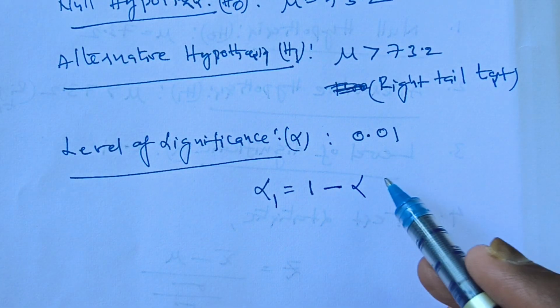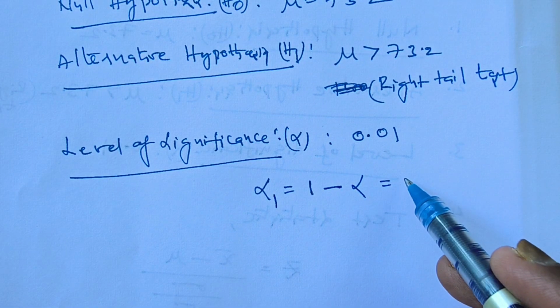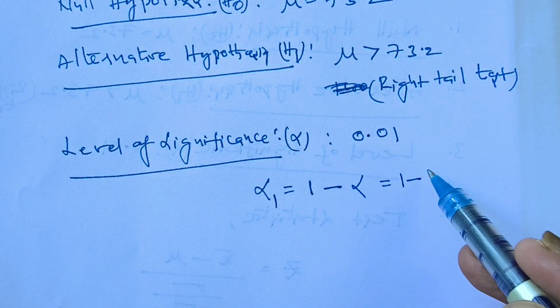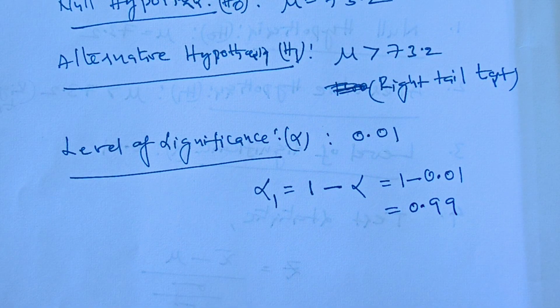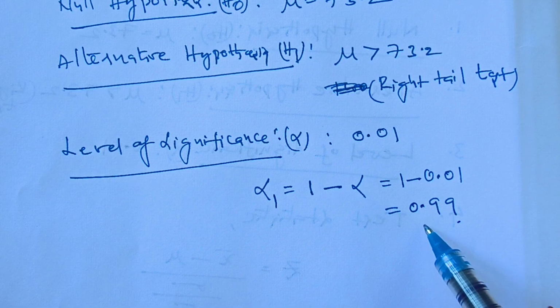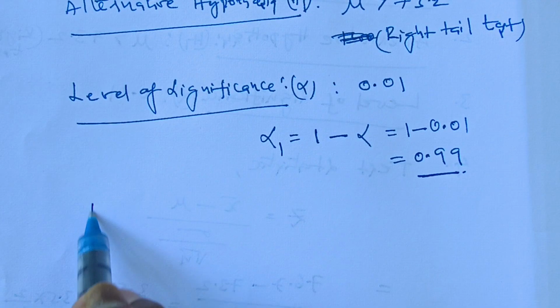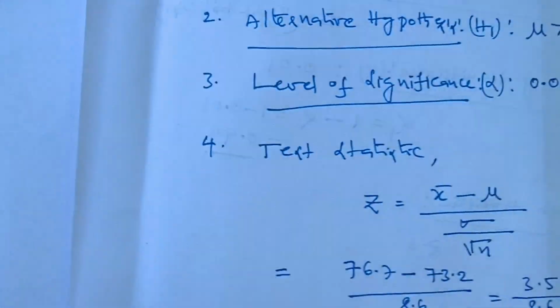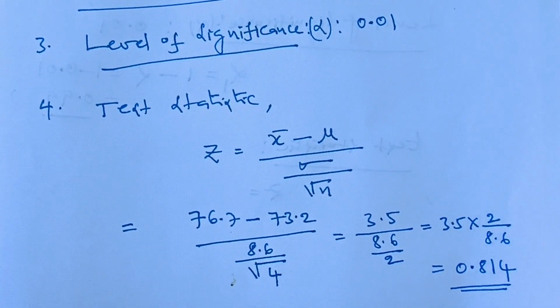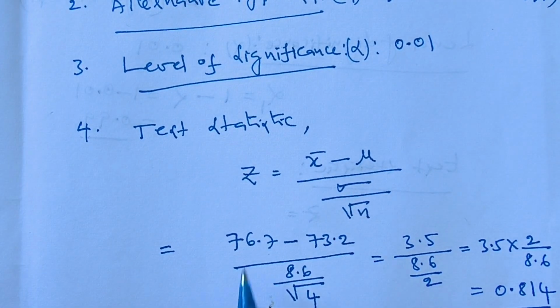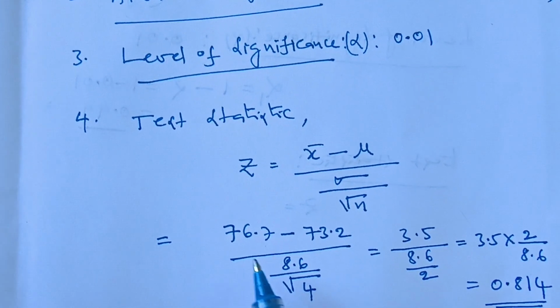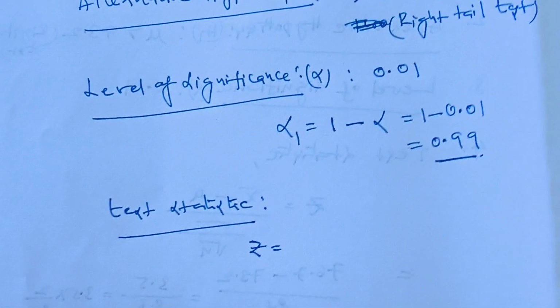In a right tail test or left tail test, the level of significance can also be taken as alpha 1 equals 1 minus alpha. Alpha 1 is the calculated value here, that is 1 minus 0.01, which is 0.99. So the fourth step is the test statistic, the formula is the same, and it has the value 0.814.